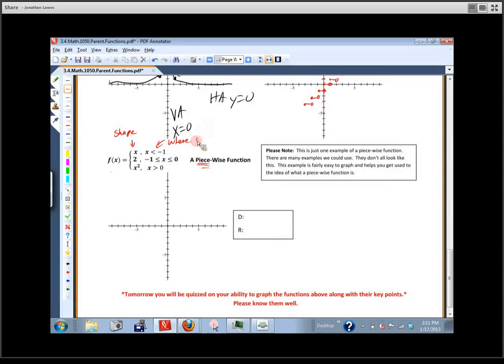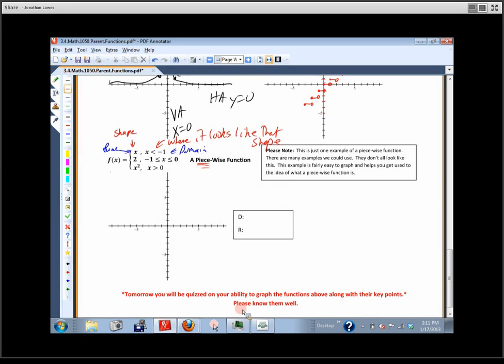This is where it looks like that shape. So in technical terms, this right here is the function that we're going to graph, and this is the domain for that function. You with me?